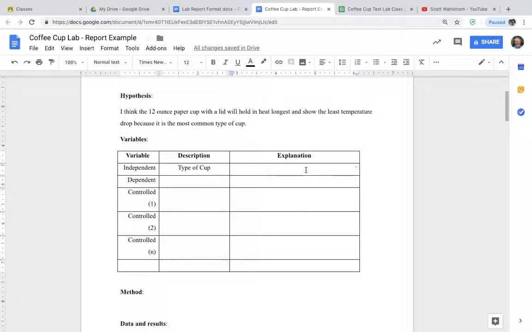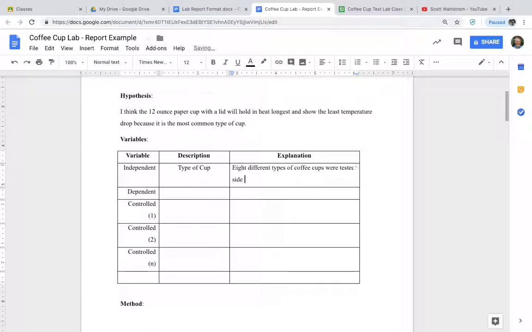And an explanation could be something like 8 different types tested side by side. All right, I think that's kind of nice. Let's go with common types of coffee cups were tested side by side.